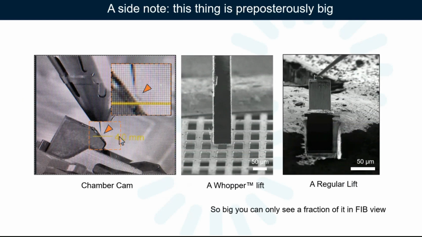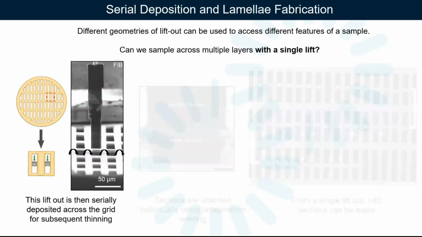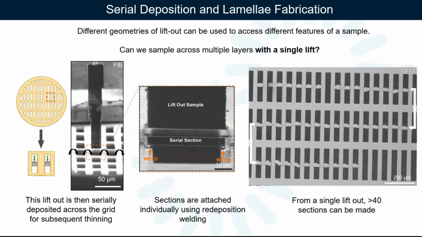So yeah, it's big. And then from here, you do the serial deposition, apply it to the grids, which you see by the welding, and you end up with these huge numbers of serially deposited material from a single lift out.